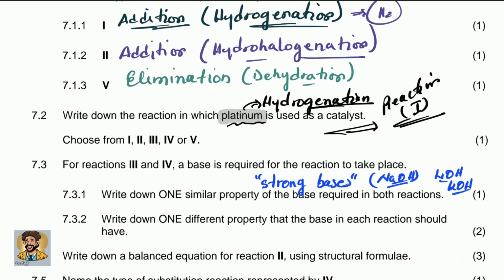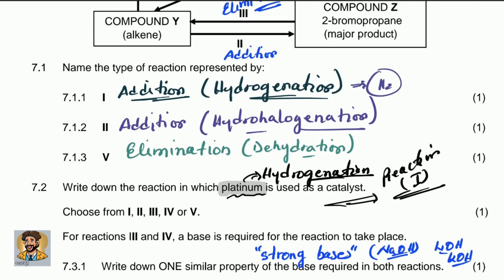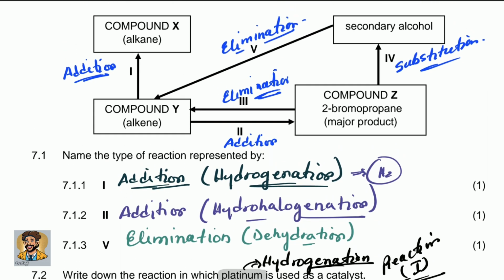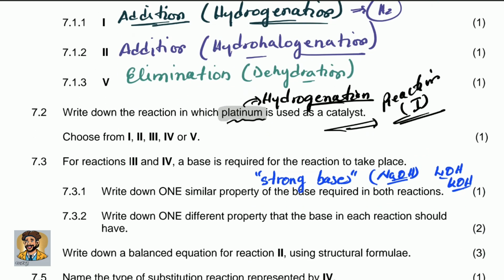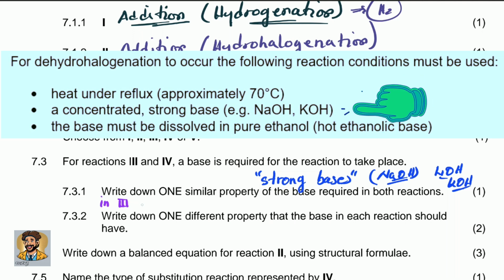All right? So all we have to say is, we're speaking about reaction 3, which is elimination. In elimination, we need a concentrated strong base. So in 3 it must be concentrated.